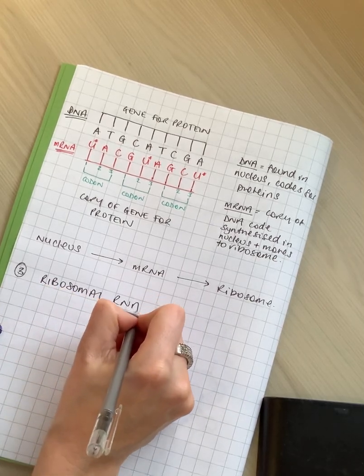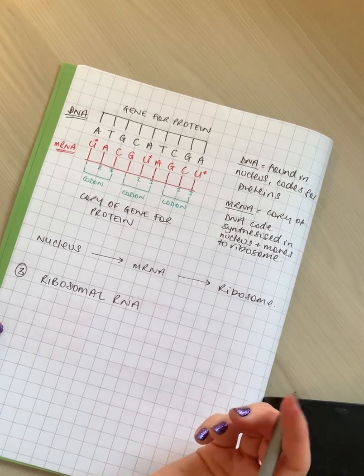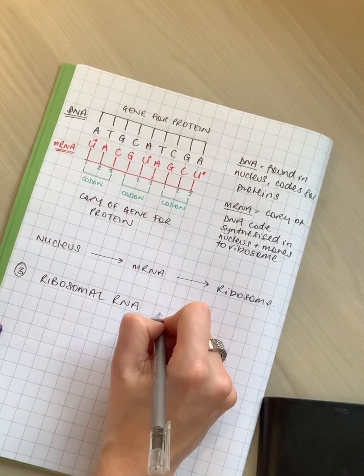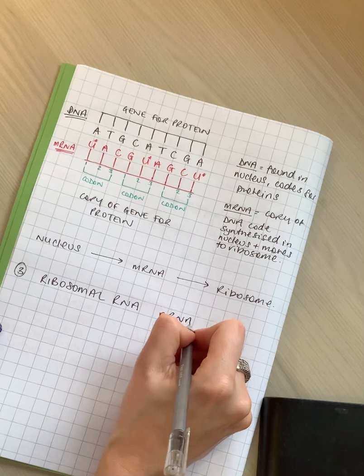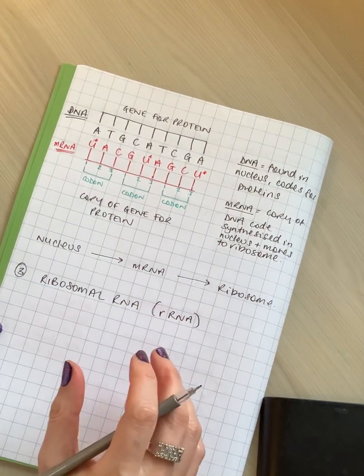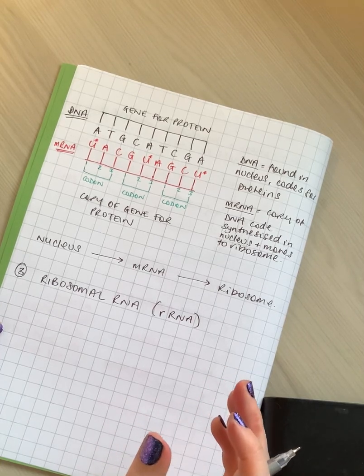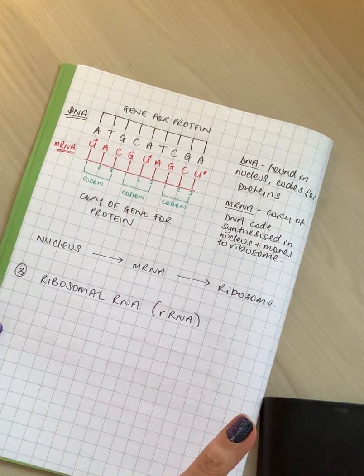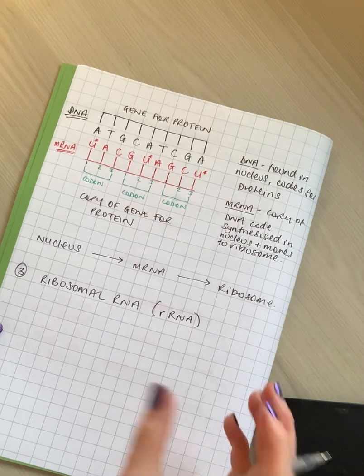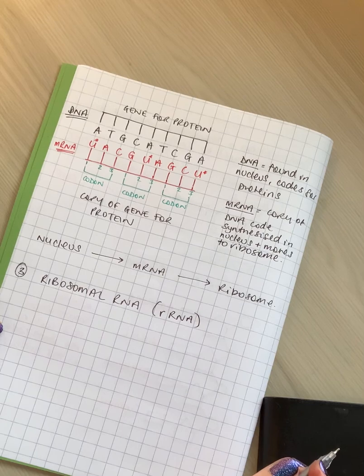This is the one that you just need to know the terminology. You just need to know that there's 3 different types of RNA, and one of them is rRNA. Essentially this is the RNA that makes up the ribosome, where the protein is finally produced, where messenger RNA travels to, where it meets transfer RNA, and the ribosome will move along and produce the protein.